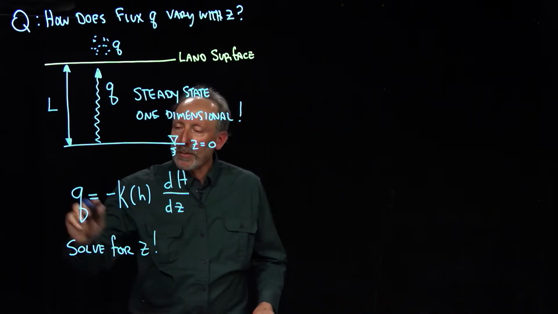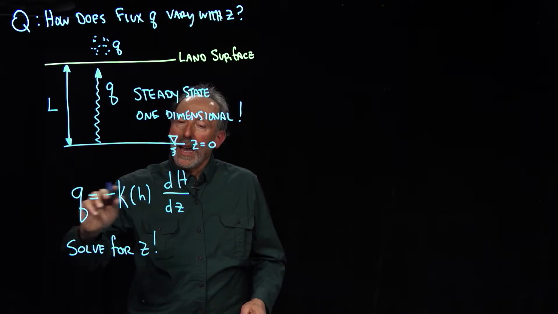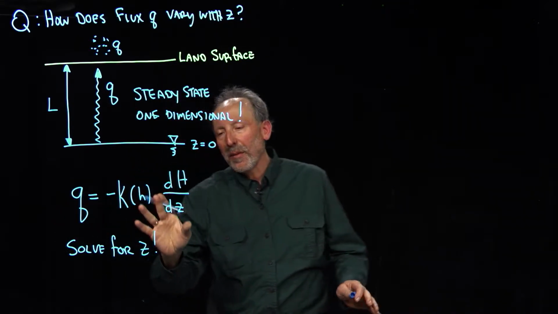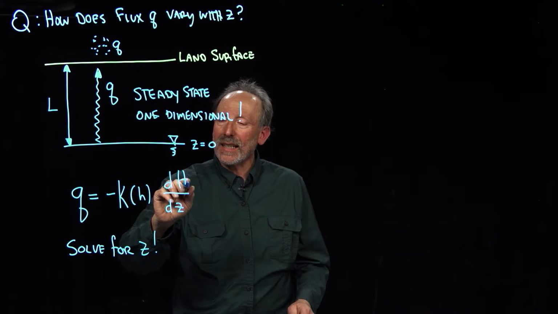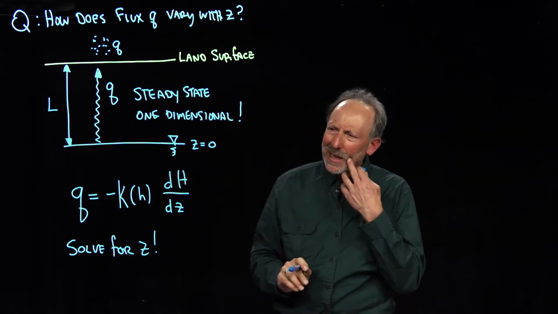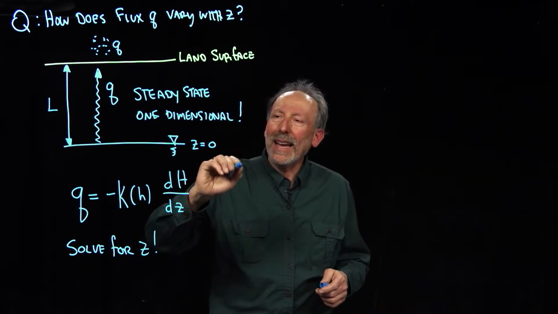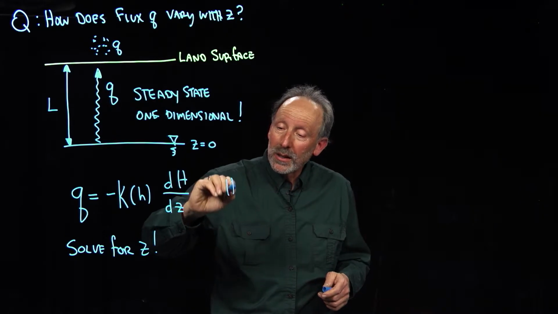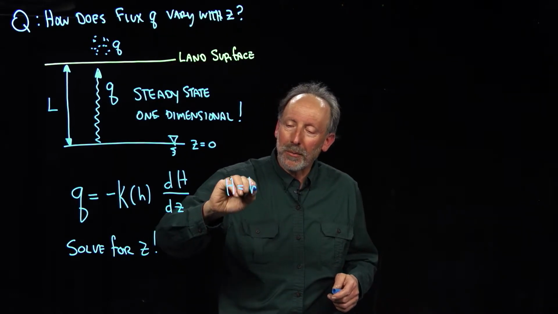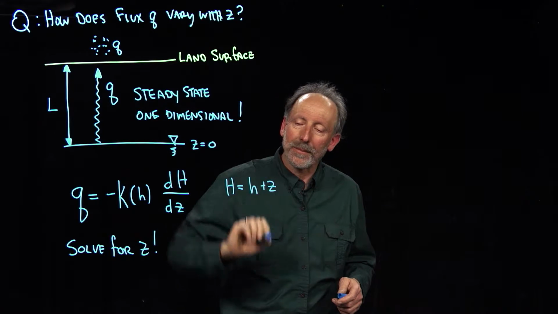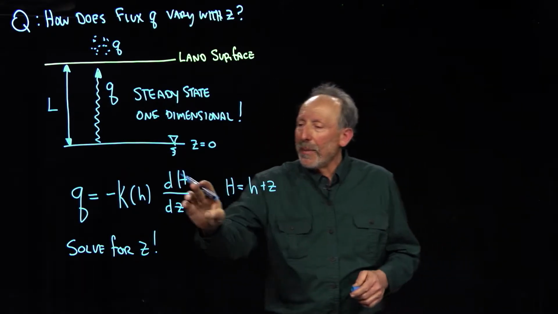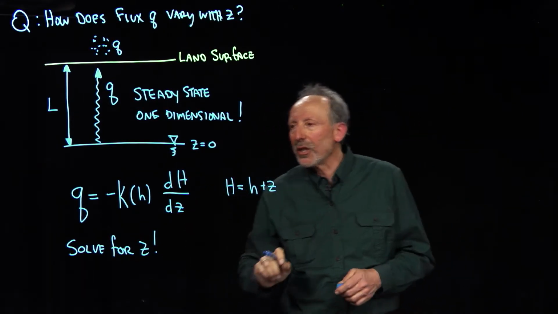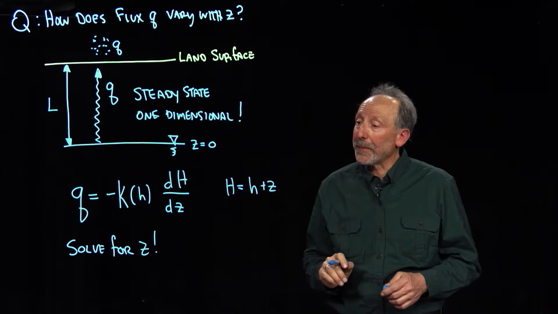So what we're going to do is multiply both sides by dz, and well, first off, before we get too fancy, this h here. What is this h? Well, we recall that h, the total potential, is just equal to the pressure potential plus the elevation. So we better break this up so that we can explicitly show the role of z in this whole thing.